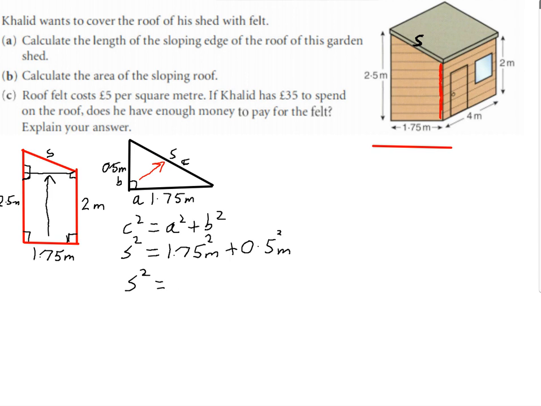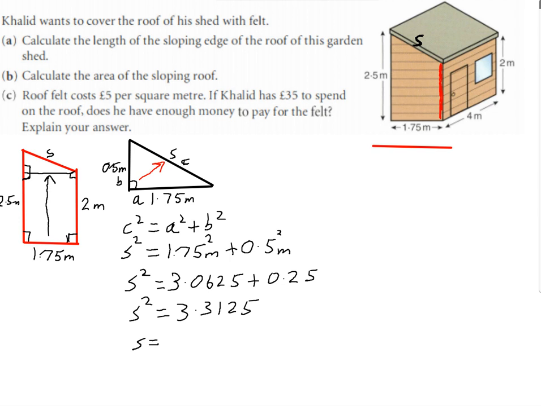Okay, now we're getting there. We can put these into our calculator, and that comes out at 3.0625 plus 0.25. Add the two of them together, 3.3125. So that is S squared.